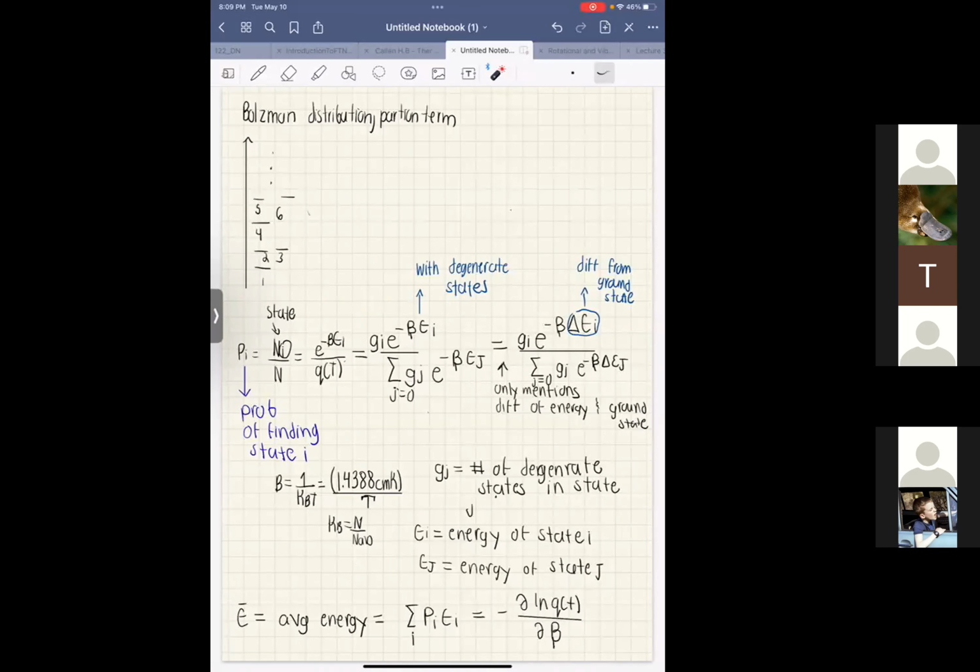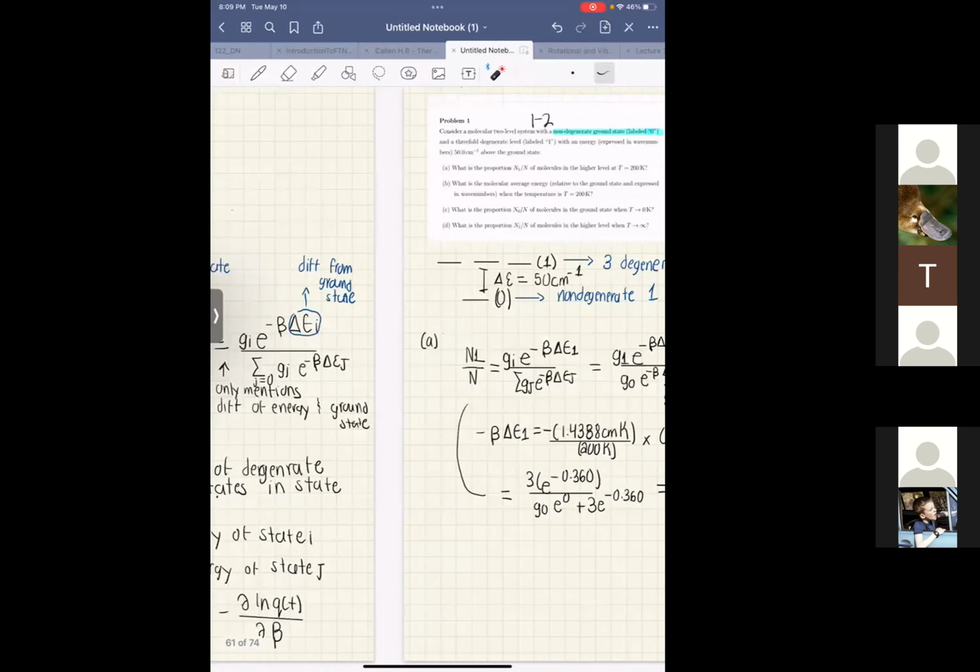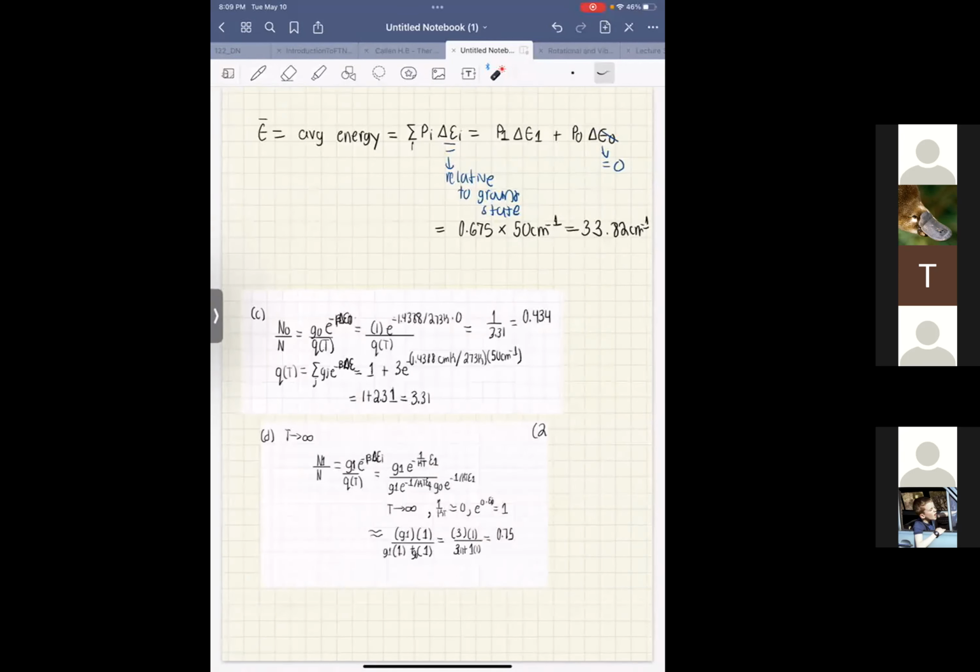Yeah, what's up? For your part C in this question, on the sample answer, n0 over n would be 1. For part C, you said? Yeah, for part C. Why do you say it's 1?